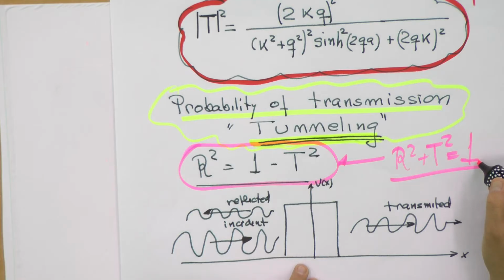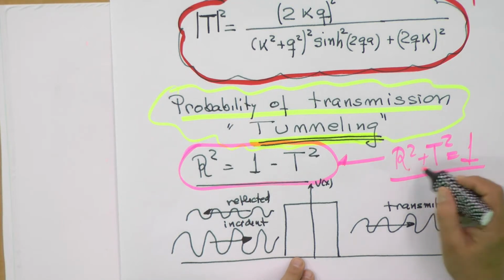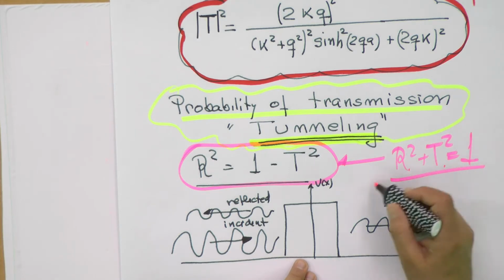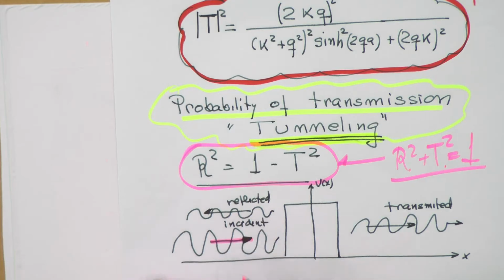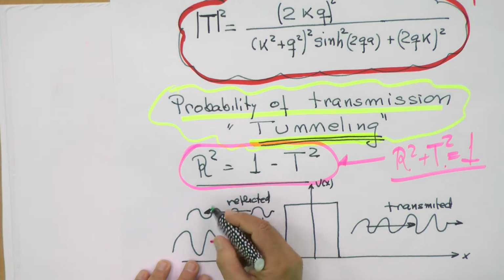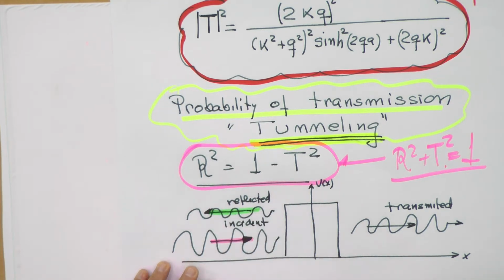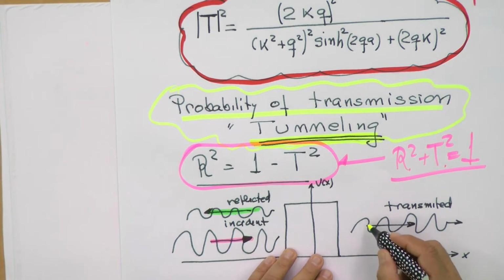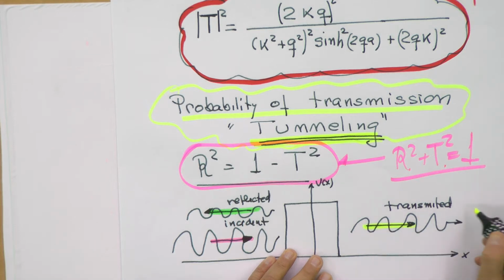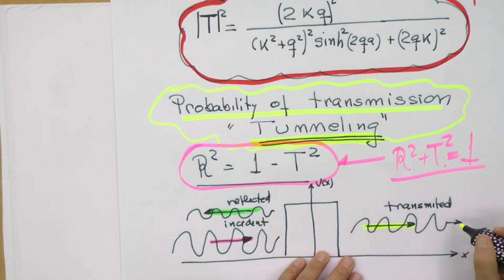So once you have an incidence on the barrier, it is either reflected or transmitted in terms of probability. We have the incident flux that comes, which is represented by that wave of amplitude 1. We have a reflected part, which is represented by that wave function with amplitude r, and we have the transmitted part through the barrier. That is the tunneled part of this.